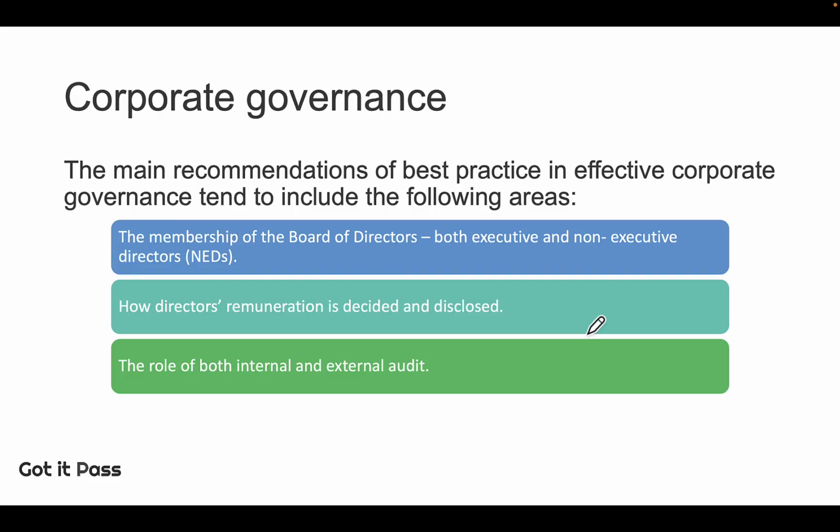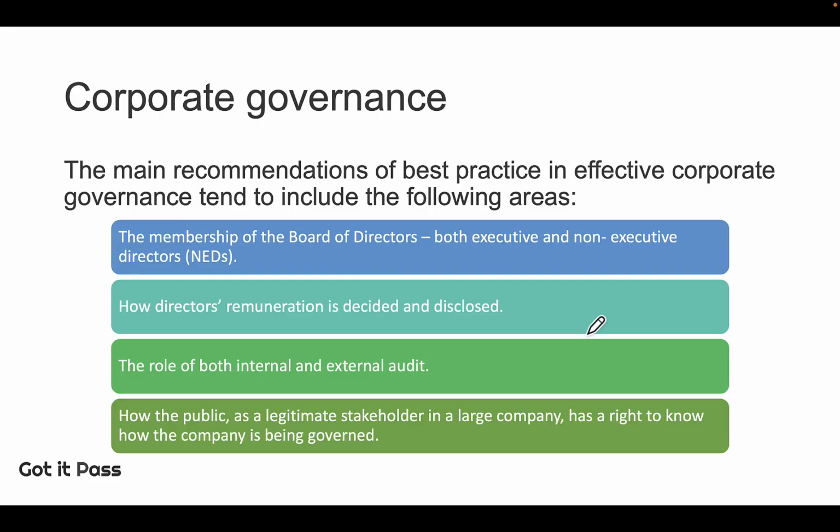Here are also other recommendations under best practice of corporate governance. The final recommendation is how the public, as a legitimate stakeholder in a large company, has a right to know how the company is being governed. All these recommendations come from two reports.